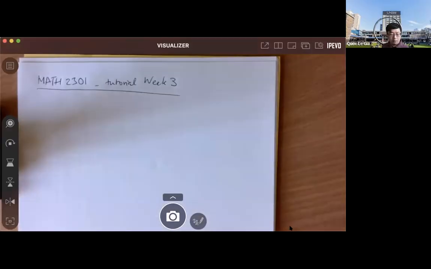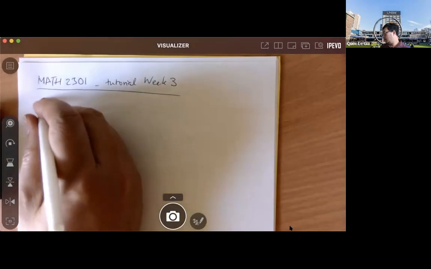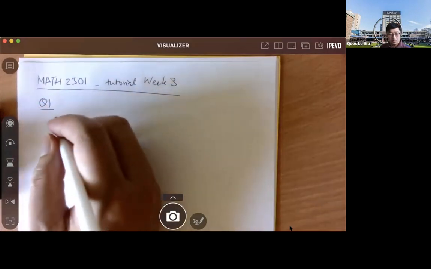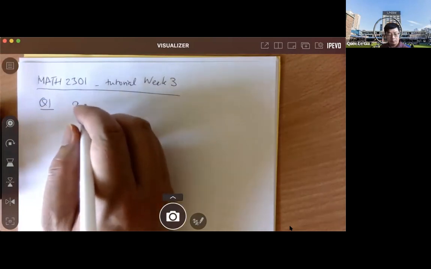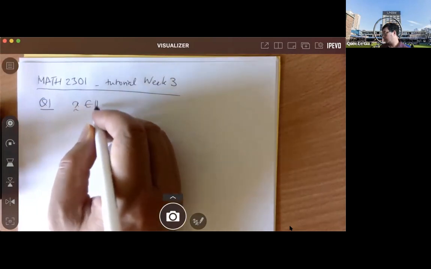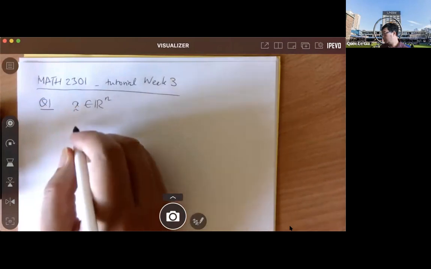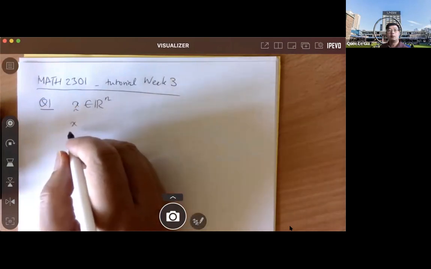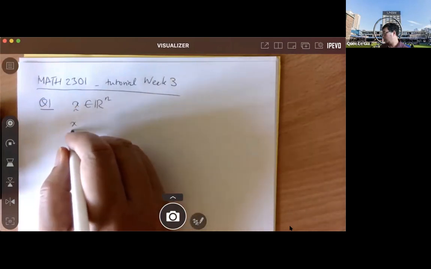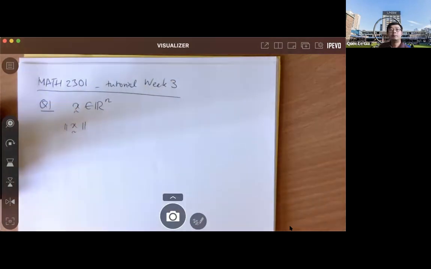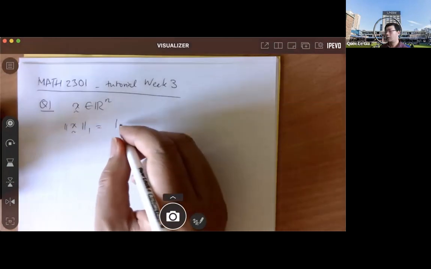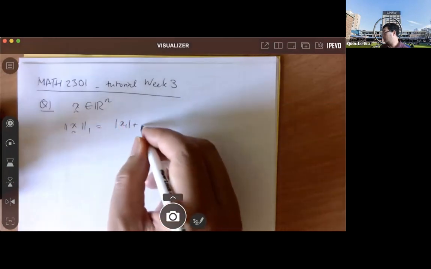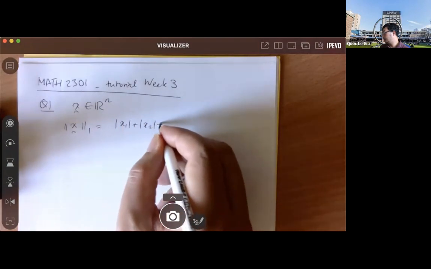So now, question number 1. So what is the norm of a vector? So now, if you remember, the one norm of the vector x is just the absolute value of all the components, and you sum it up.